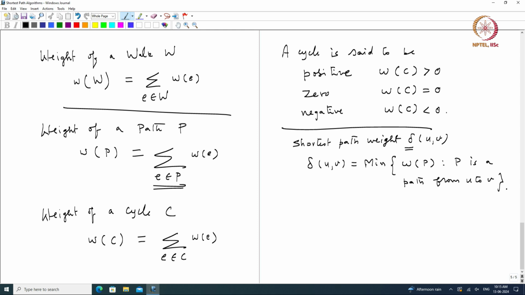Each path has got a weight associated with it, the minimum weight. That is called the shortest path weight.